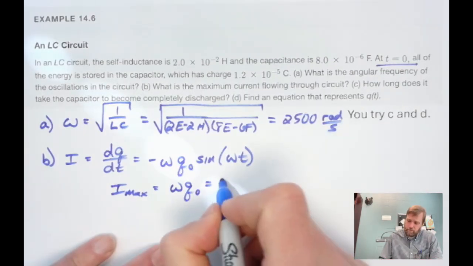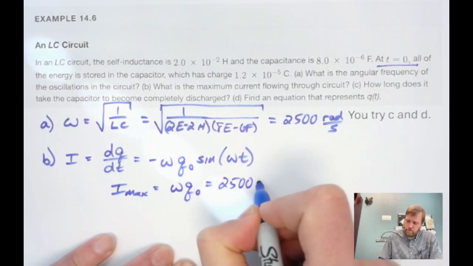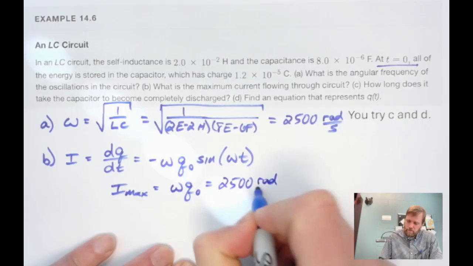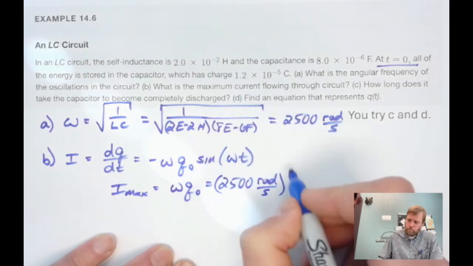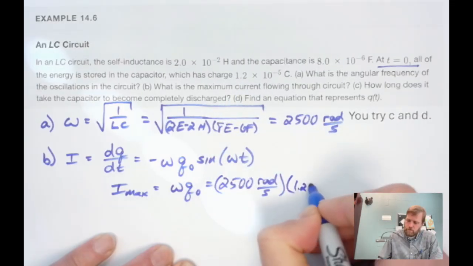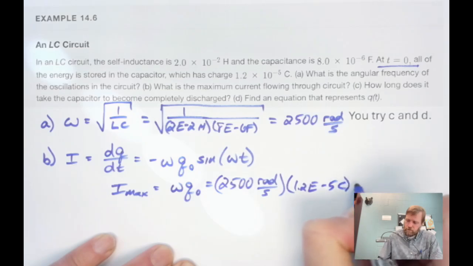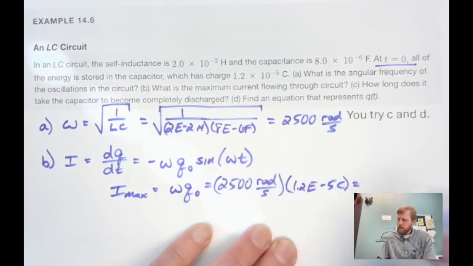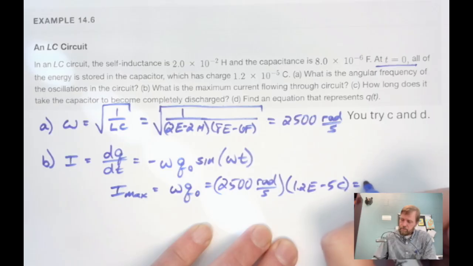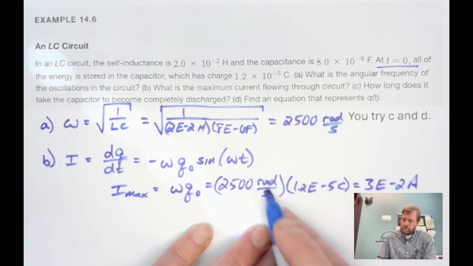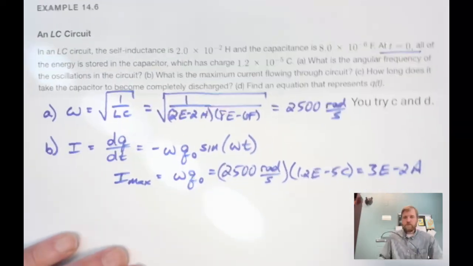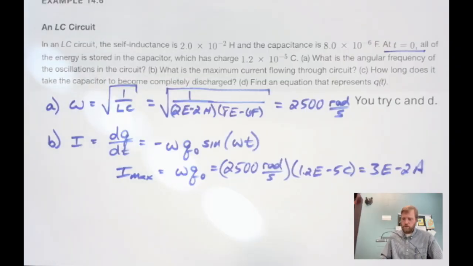I've already got omega, and Q naught is 1.2 times 10 to the minus 5 coulombs. I got 3 times 10 to the minus 2 amps, because a coulomb per second is an amp. And remember, radians aren't really units. They're just a placeholder, just to let us know we're talking about angular frequency.